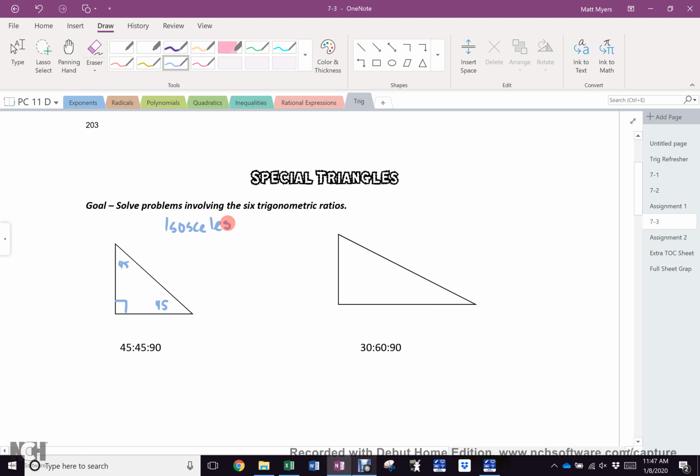Now, an isosceles triangle is very special. Why? You knew the name, but you don't know why it's special, Qui? Both the angles are the same. Now, if both those angles are the same, then what does that tell us about both of these sides? They are the same as well.